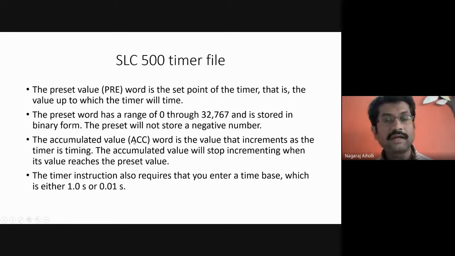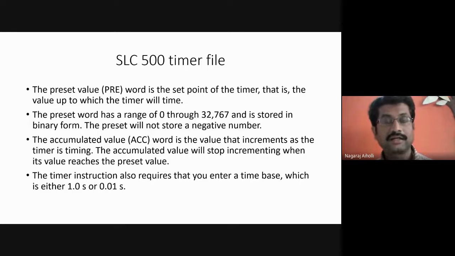The accumulated value, ACC in short, is a value that increments as the timer is timing. When the timer is timing, the increments it makes at specific intervals give the accumulated value. And the time for which it makes each increment is called the time base.